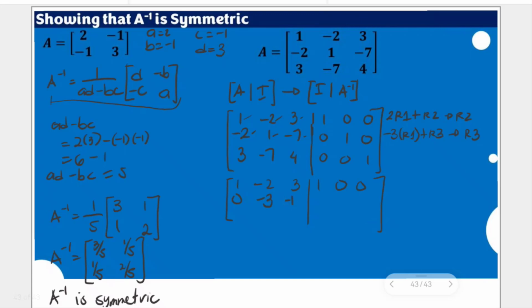Let me do it again: 2 times negative 2 is negative 4, negative 3; 2 times 3 is 6, negative 1.